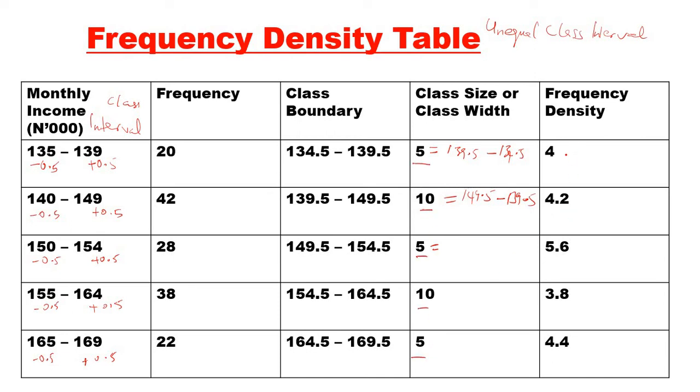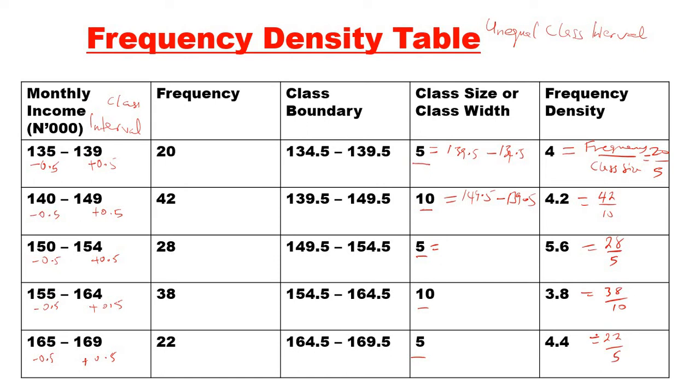Now this is the frequency density, which is the frequency over the class size. Here we have 20 over 5, here 42 over 10, here 28 over 5, here 38 over 10, and here 22 over 5.